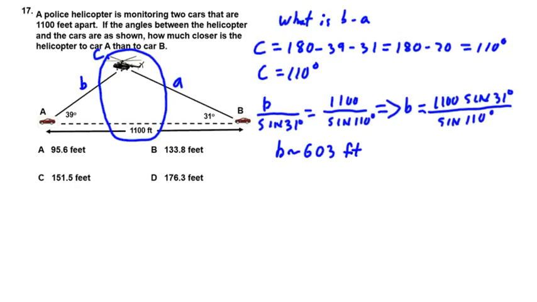Okay, now we're going to go to side A. Side A is to the sine of 39 degrees as 1,100 feet is to the sine of 110 degrees.